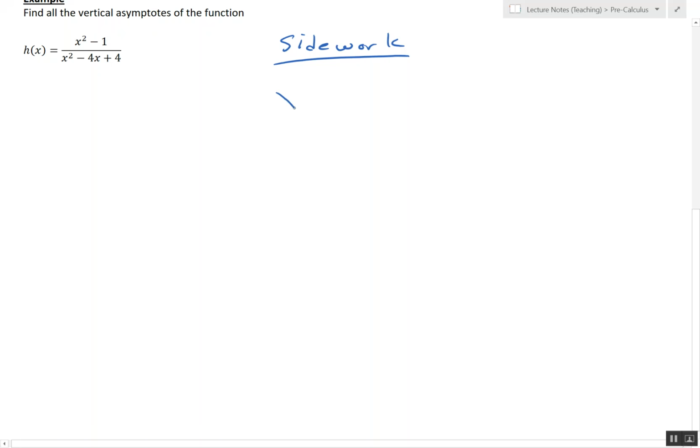And what we want to solve is the equation x squared minus 4x plus 4 equal to 0. So this factors, this is going to be x minus 2 all squared equal to 0, and taking the square root of both sides, we get x minus 2 equals 0, so x equals 2.